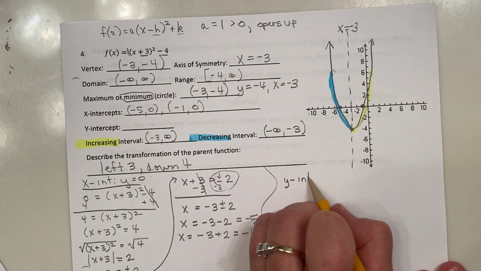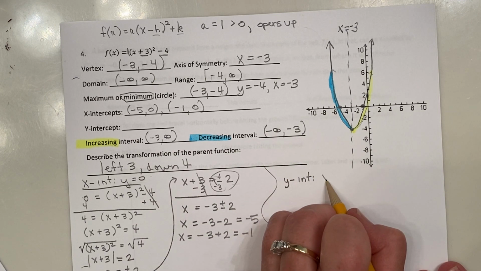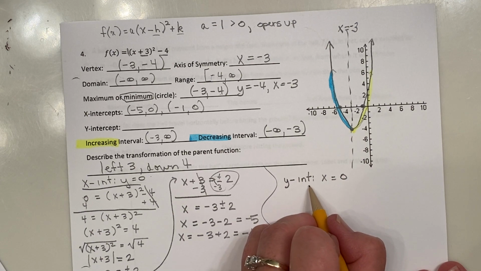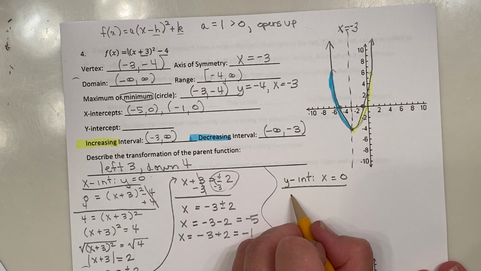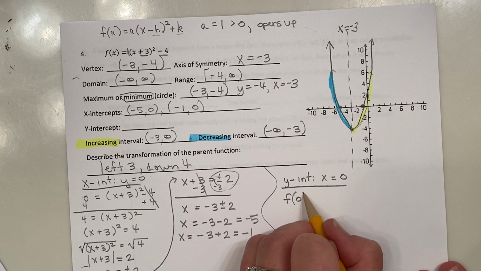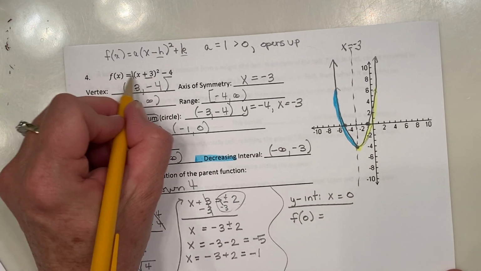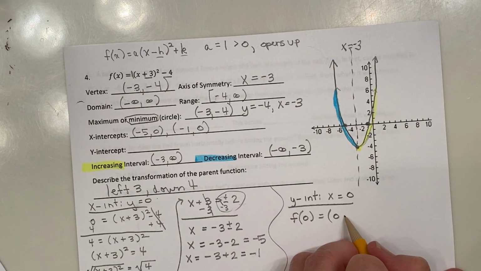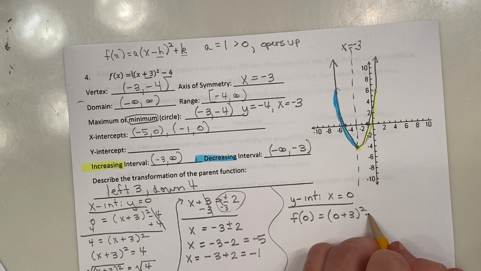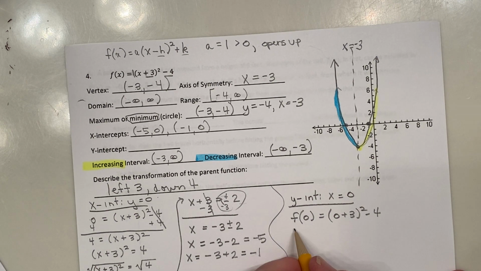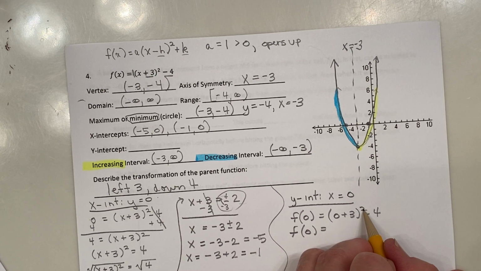All right, the y-intercept, to remind ourselves, that's when x is 0. So I'm going to bring down the equation, but everywhere I see x, here and here, I'm going to replace x with 0. So f(0) equals, well, that's 9 minus 4, so that's 5.